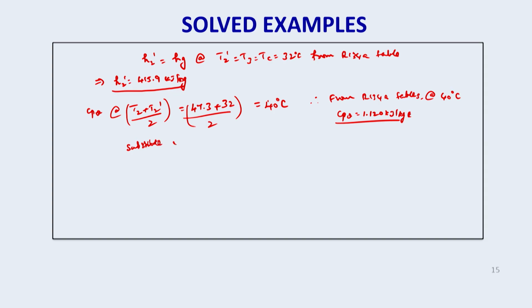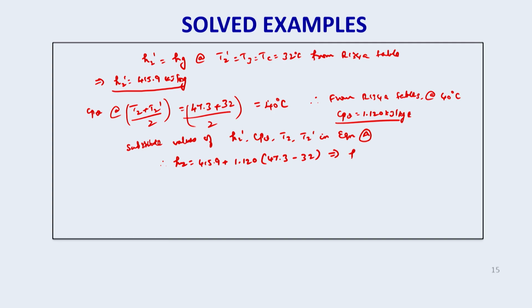Substitute the values of H2 dash, Cp of vapor, T2, T2 dash in equation A. So therefore, we get enthalpy at state point 2 equal to H2 dash enthalpy, 415.9, plus Cp of vapor 1.120 into delta T, T2 minus T2 dash, which is 47.3 minus 32 degrees.